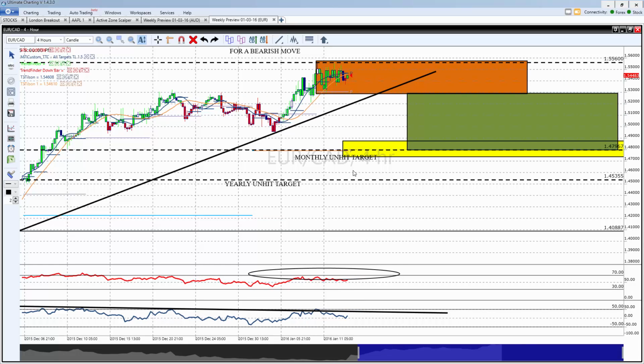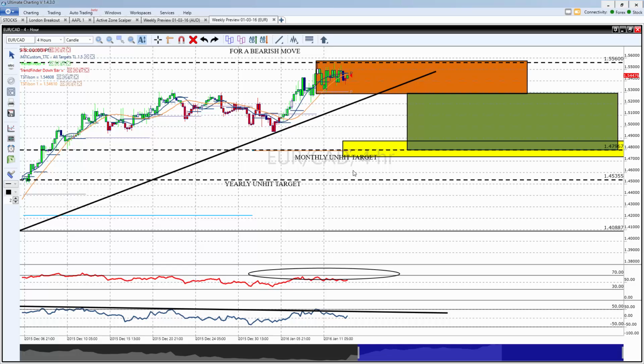Yeah, this is a chop zone right here. It's highly likely that at the end of a chop zone here, if we penetrate down through this price, it'll probably go all the way down to here. But then again, there's a couple of weeks here.